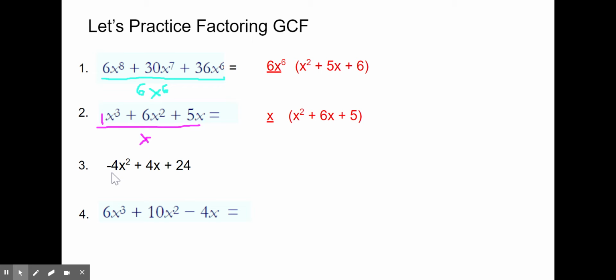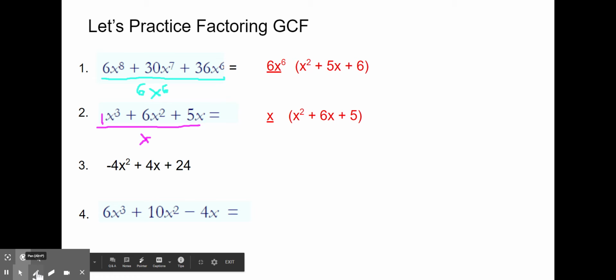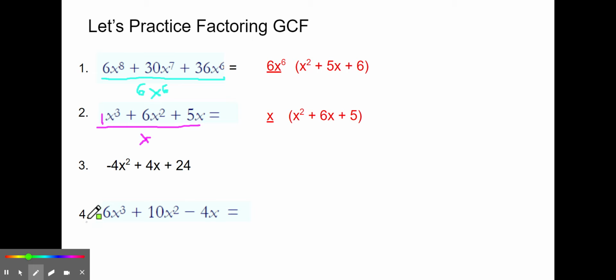In number 3, our lead coefficient is a negative. This is really not ideal. What we really need to do when our lead coefficient is negative is divide by a negative GCF. Now 4, 4, and 24, our GCF is 4. So we know we're going to divide each of these terms by 4.